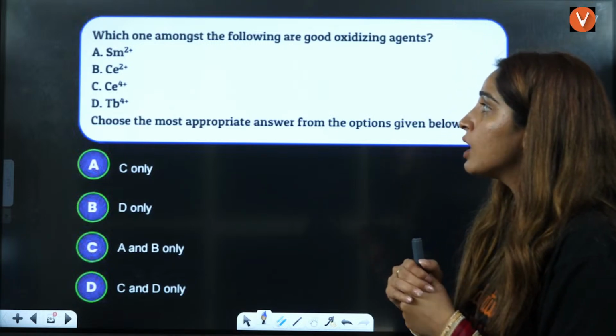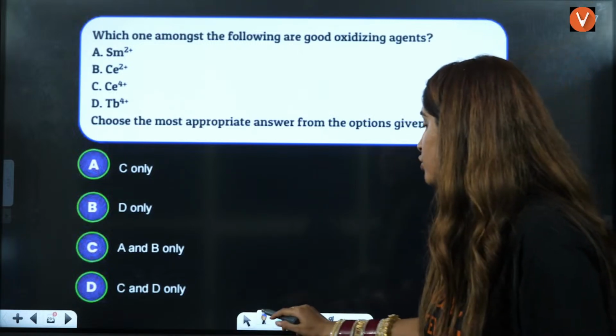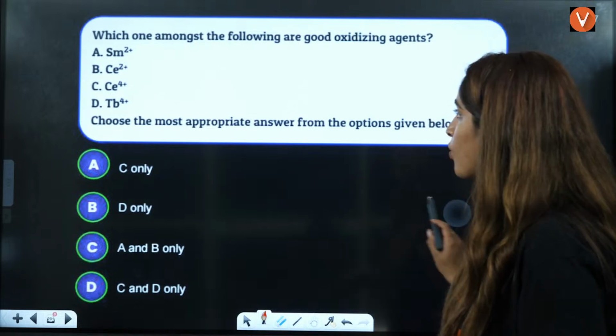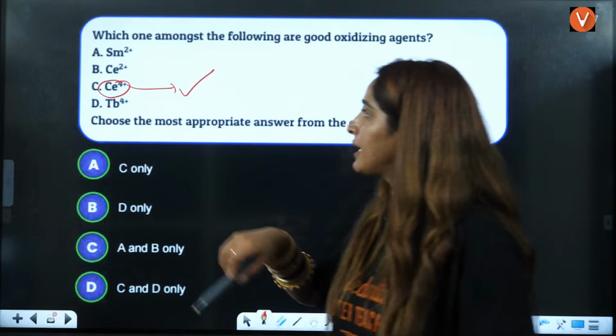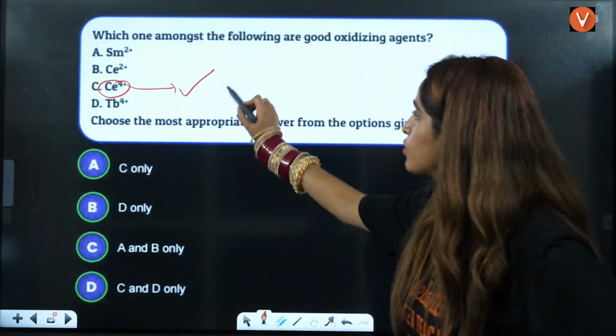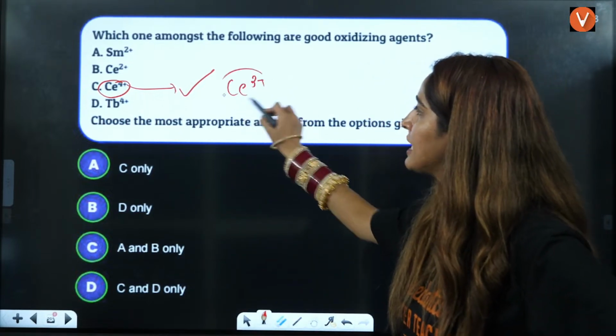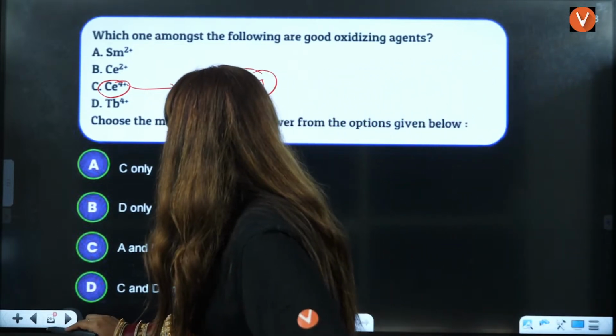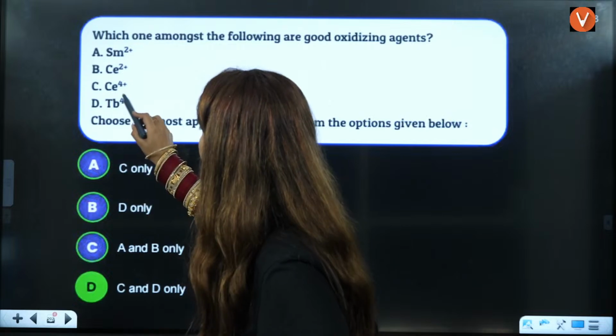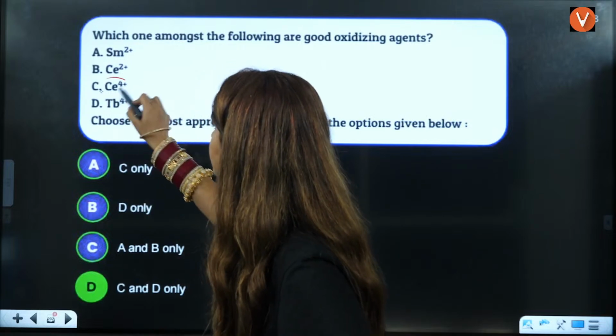So, which is going to decrease its oxidation number, which is more stable? This is going to decrease its oxidation number to cerium 3 positive because lanthanoids exist in 3 positive state. So the answer is going to be this. Acha, D also, C and D.